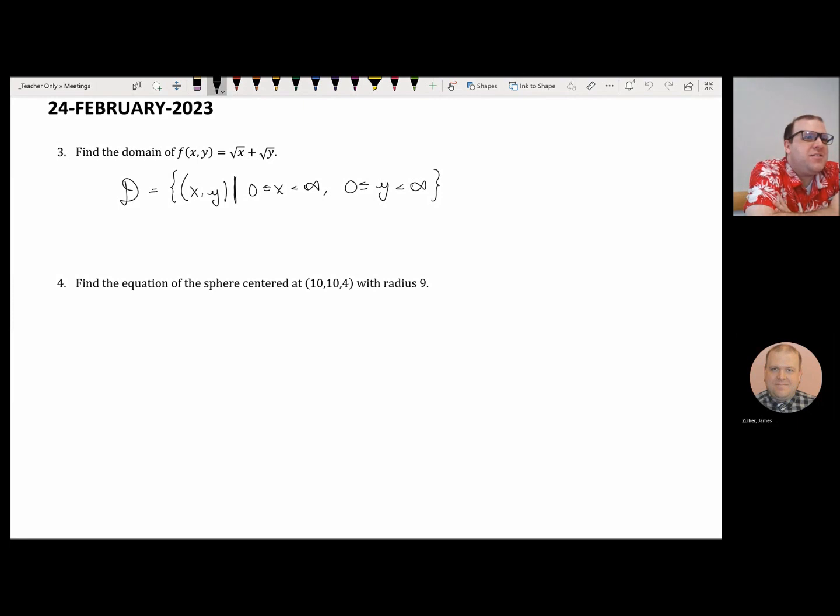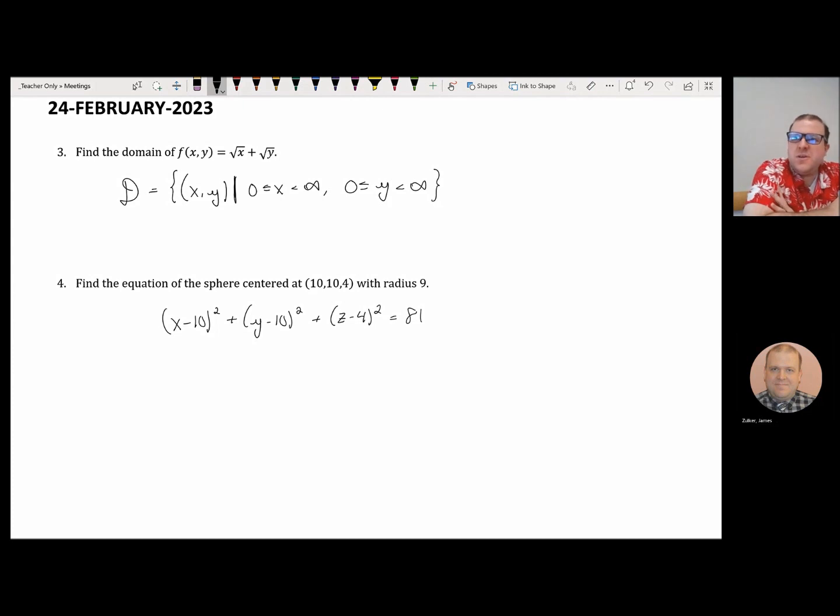And this one's simple. Equation of a sphere centered at 10, 10, 4 with radius 9. Right?